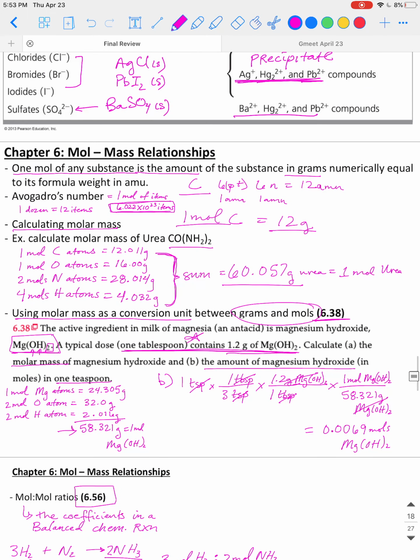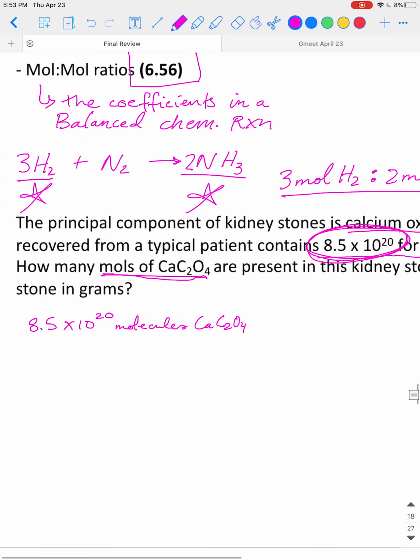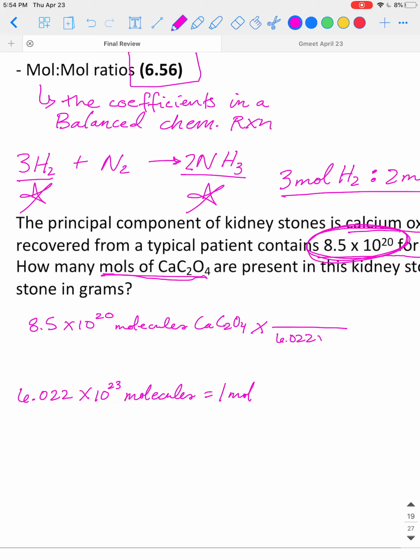grams. So how do we go from molecules to moles? How do we go from molecules to moles? We have to use Avogadro's number. Okay. Remember, molecules are like a number of items. So there are 6.022 times 10 to the power of 23 molecules, no matter what substance you're talking about, in 1 mole of that substance.